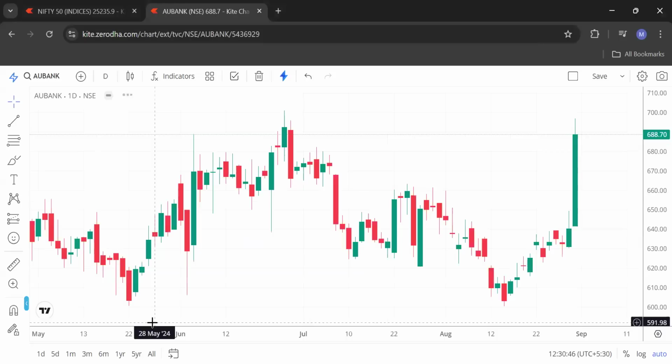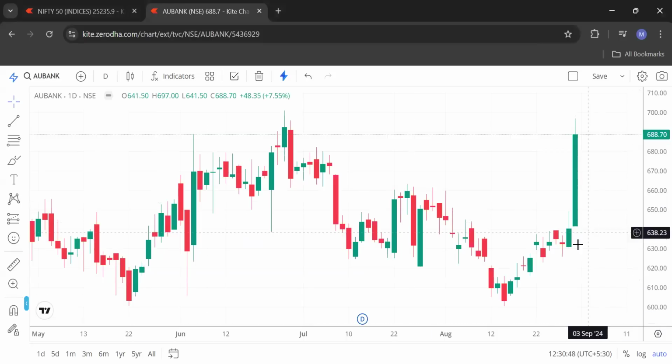We have gone on a daily chart, and the previous day close here is 640.35. You need to get the square root of the previous day's close. The square root of 640.35 is 25.30.